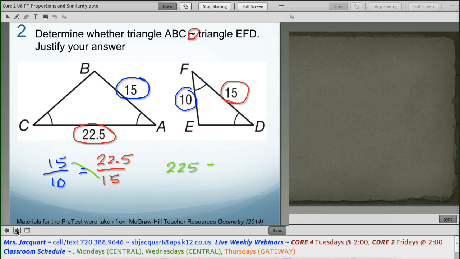And then we're going to cross multiply on the other side, and that's going to be 225. Therefore, similar. So they are similar. I lost my R.